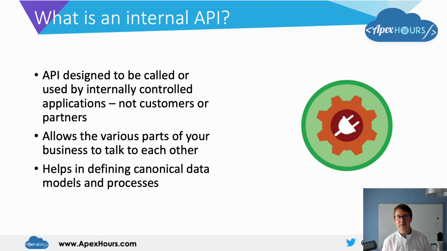Now, a canonical data model is a way of thinking about the organization as a whole with a fixed data structure. When I say a fixed data structure here, what I mean is that you remove the concept of a data entity that is tied to a specific system. So, for example, the idea of a customer. You stop thinking about a customer as an account and a contact, and you start to think of a customer as what data attributes does it have that are key to that customer in every system.